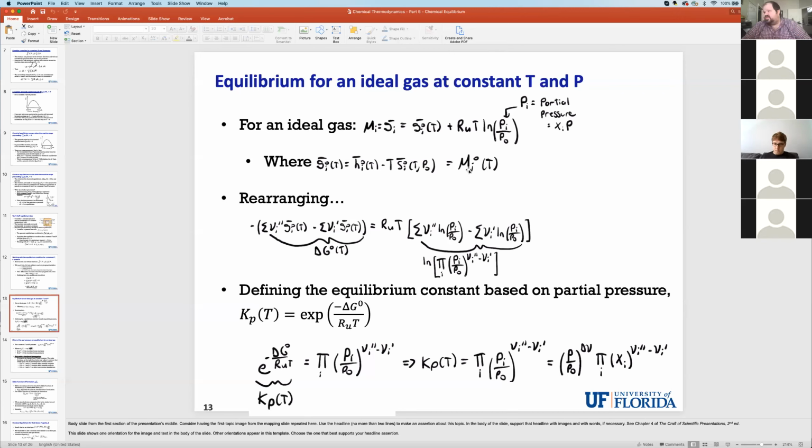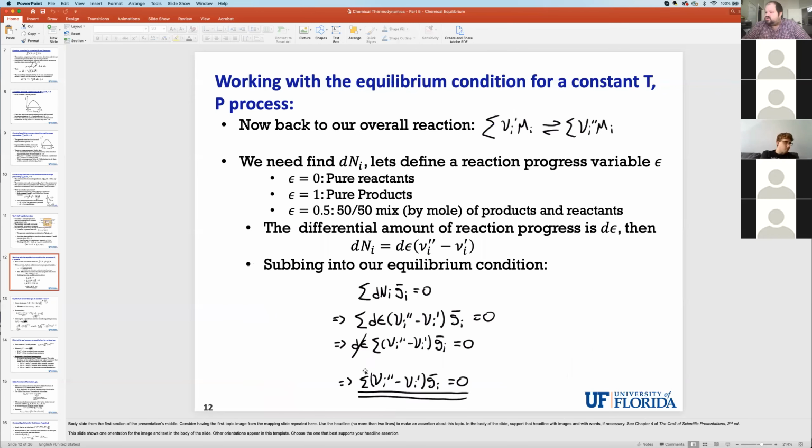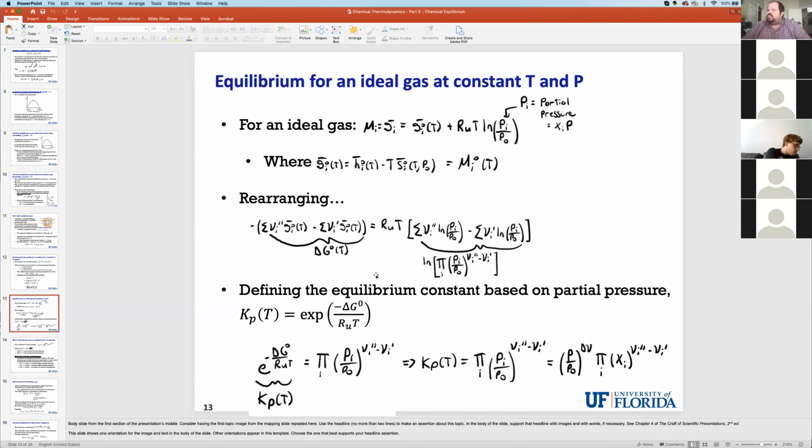Okay, and then sometimes these will be labeled as the standard chemical potentials too, because again, the partial molar Gibbs free energy and chemical potential are the same thing. Okay, so now we're going to take this definition here for an ideal gas and sub it into this expression here. And when we do that, it looks like this explodes into a big mess.